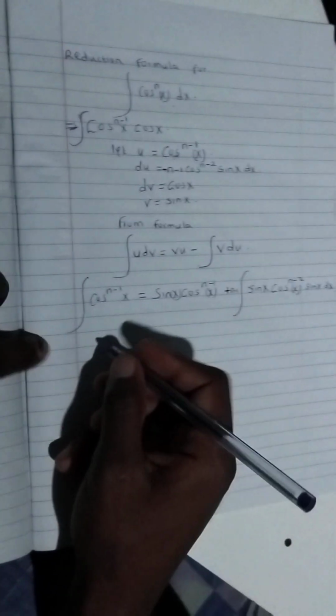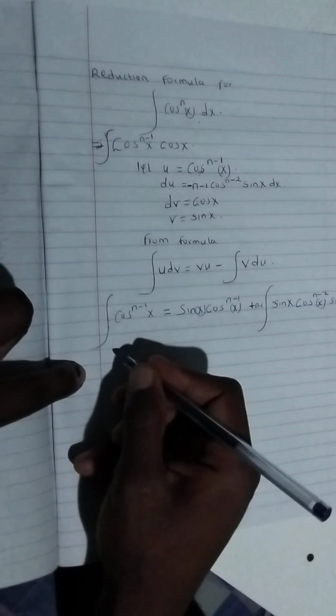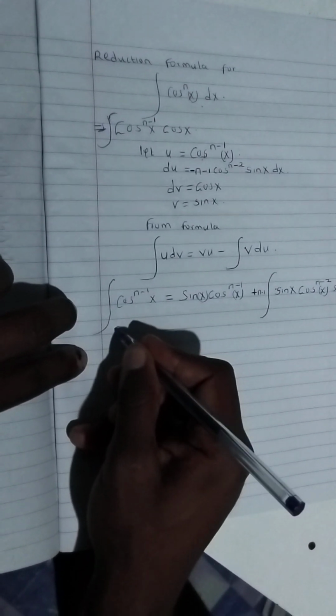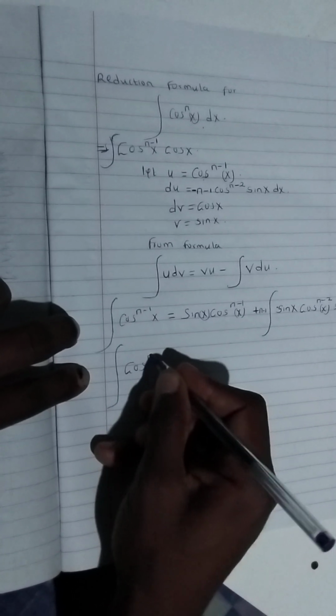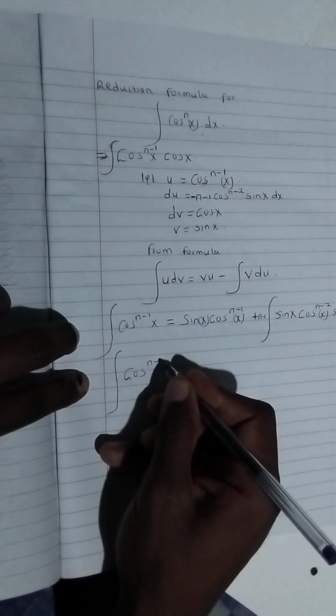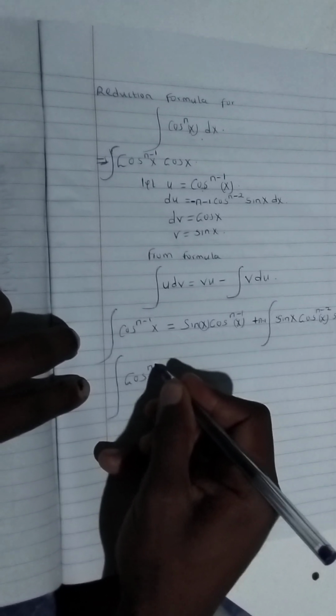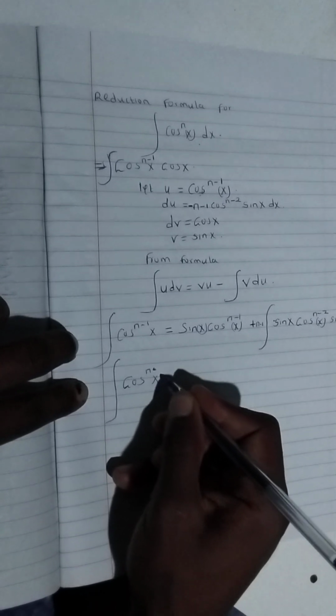From here, we now narrow down. We must go with this part because for future reference, we will take the integral of cos^n x.